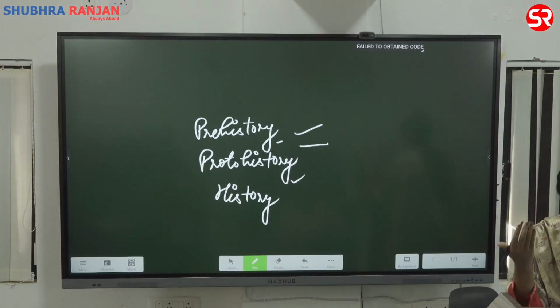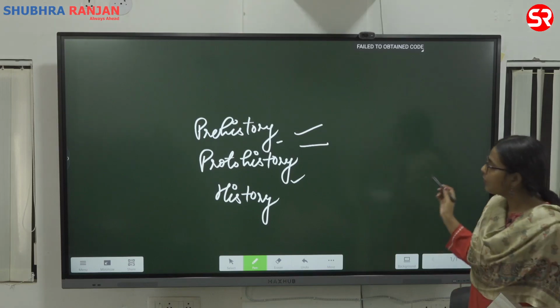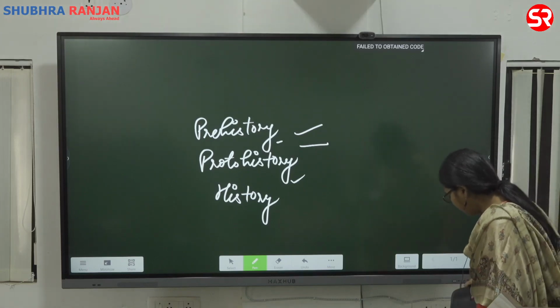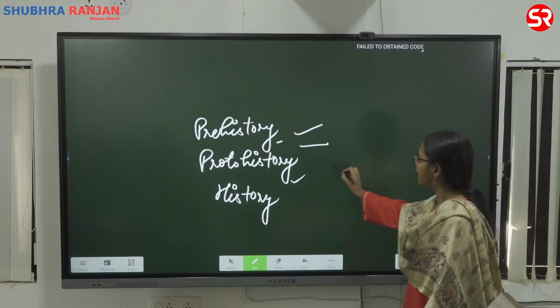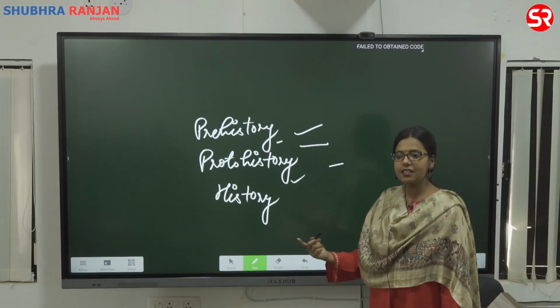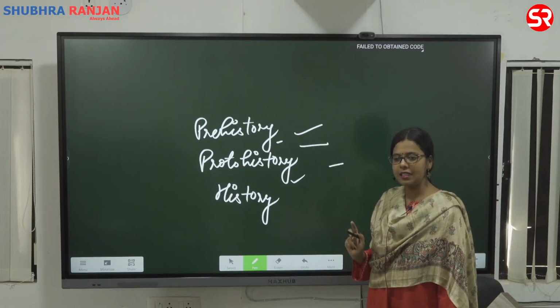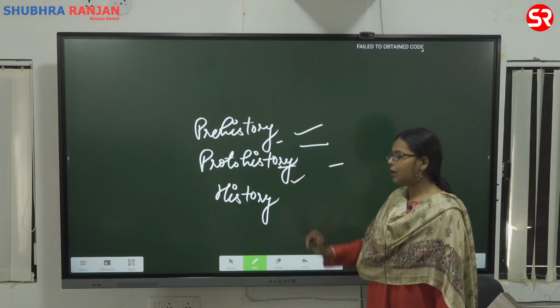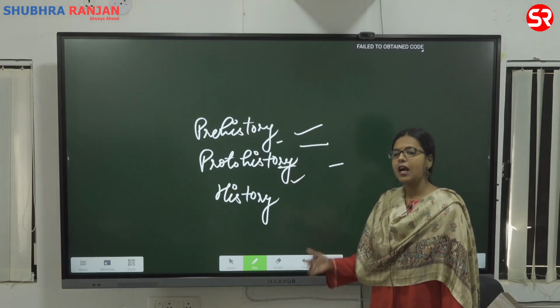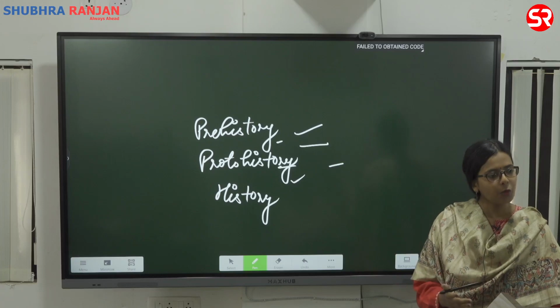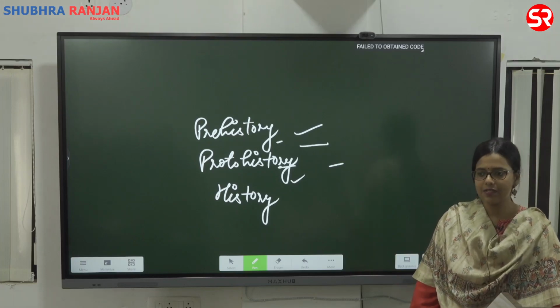There are a lot of languages which we still don't know, literature we still can't understand. So a time of history when we do have written evidence available, but we have not been able to read the script or understand the language, that will come under proto-history. A very famous example from India would be Indus Valley civilization.